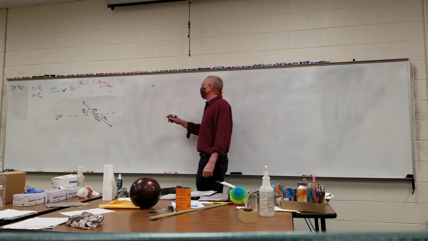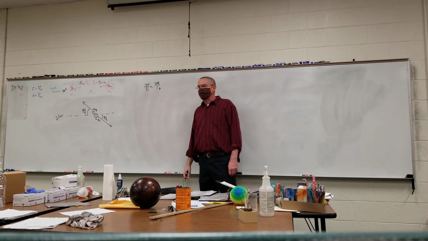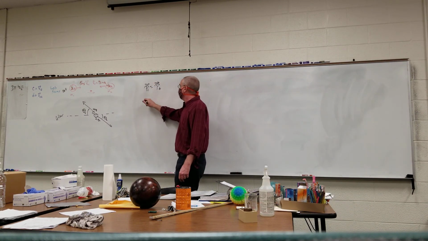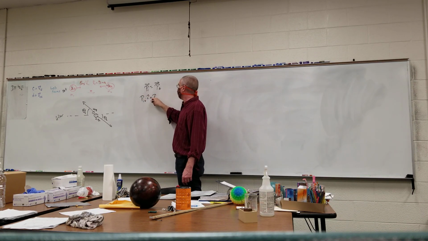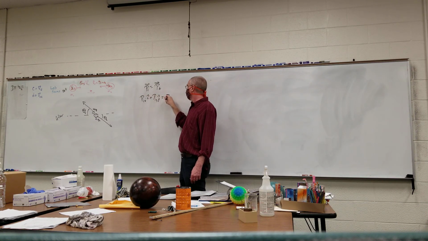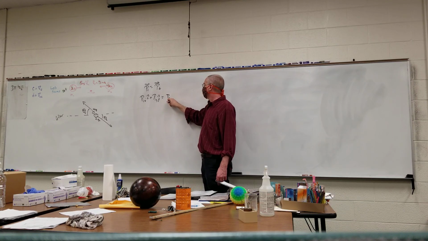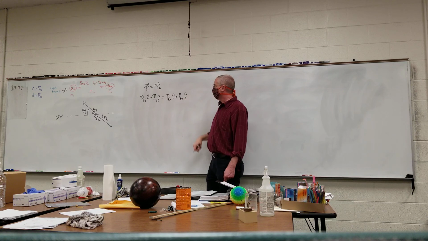Because momentum is conserved, and it's a 2-dimensional problem, I have P initial x i hat plus P initial y j hat is equal to P final x i hat plus P final y j hat.